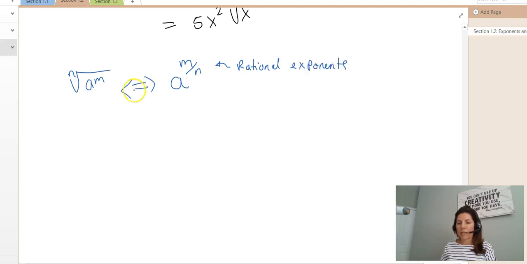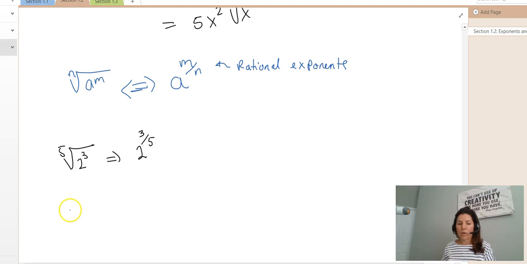And when I write here the double arrow, it means it goes both ways. So I can say, for example, the fifth root of 2 cubed will become 2 to the 3/5.